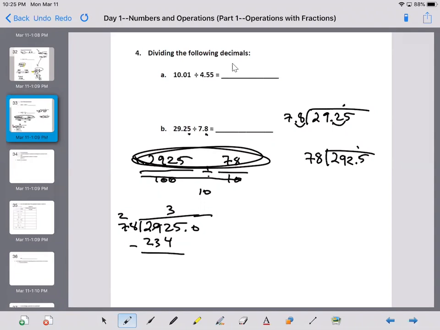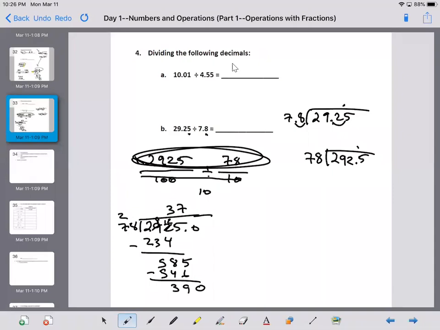Just go through my subtraction here. And that should be 7 times 78. So that should be, what, 546. So 390 as a result.